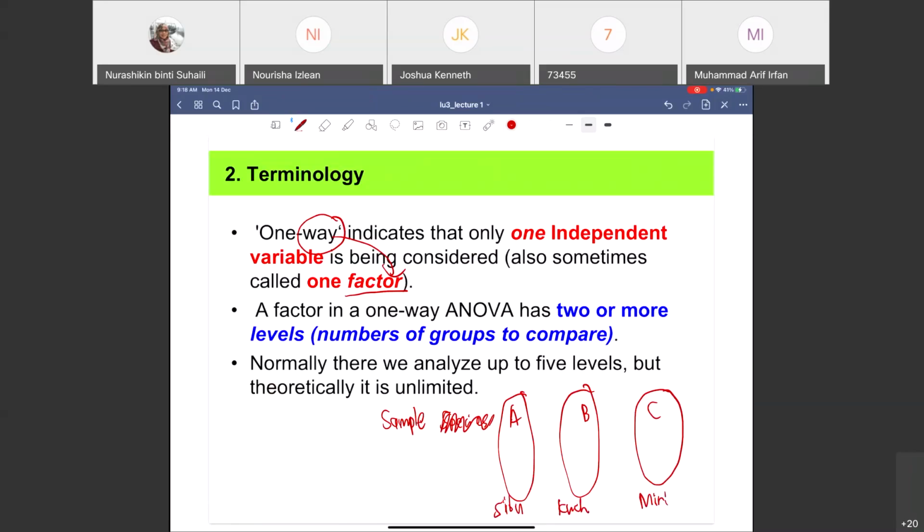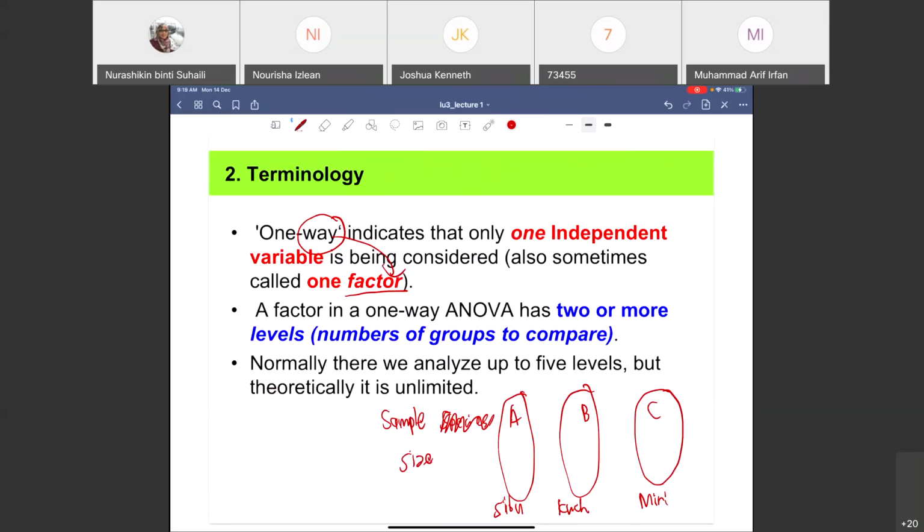Maybe this one is referring to certain species, and you want to analyze perhaps, let me try to give an example in zoology. Maybe the size of an animal. A very bad example.